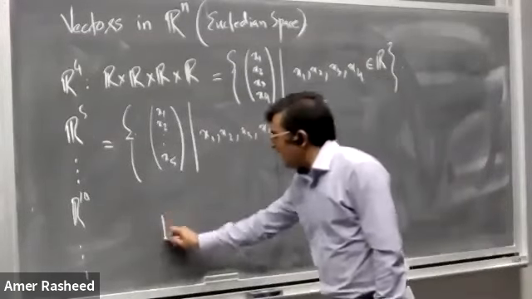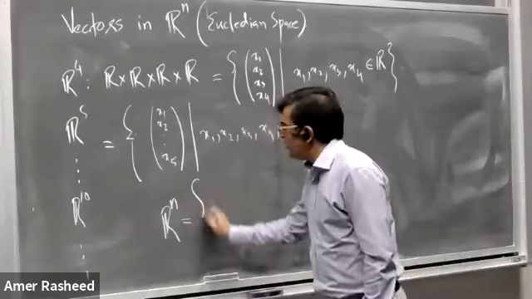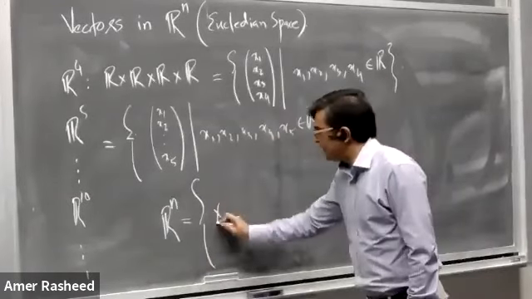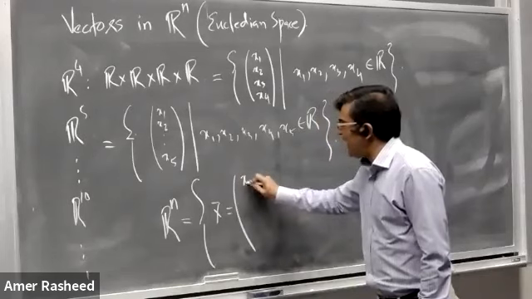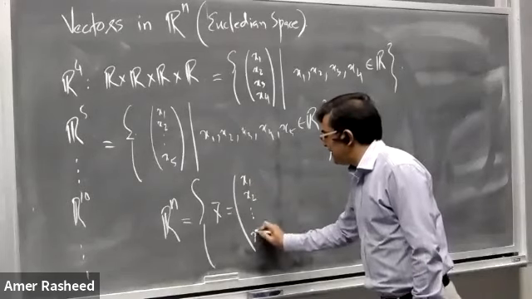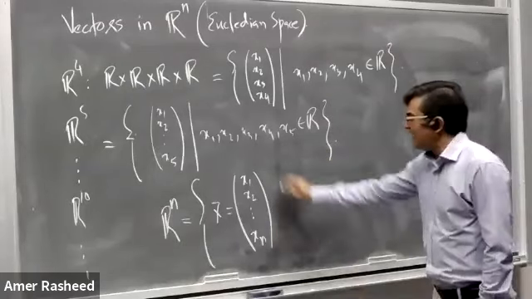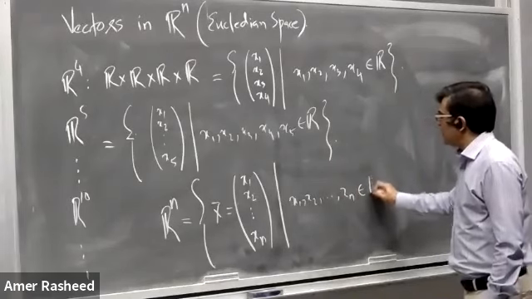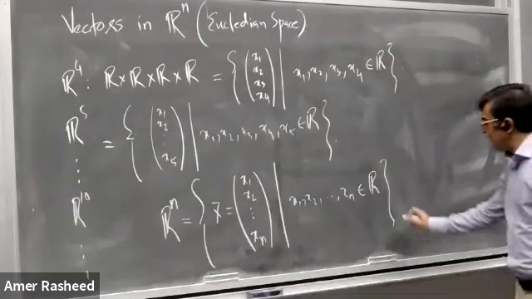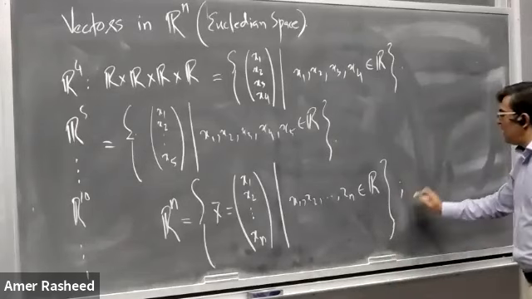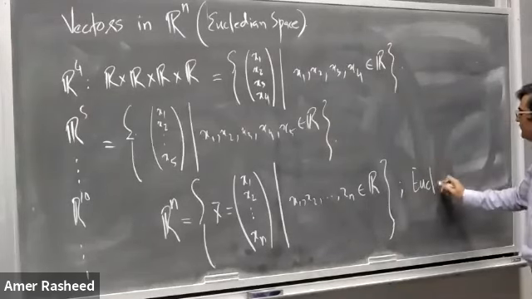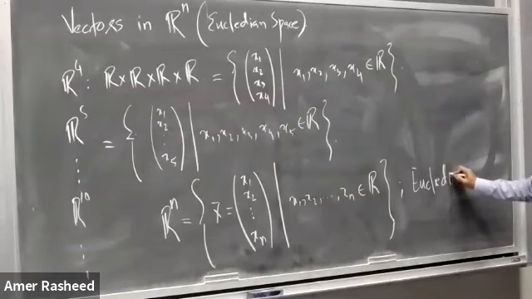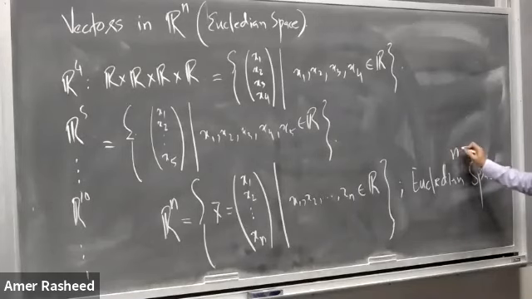Now, what would Rn be? Rn in general is a set that contains vectors which have components x1, x2, and so on up to xn, such that all these x1, x2, and so on, xn belong to R. So this is a general Rn, which we call a Euclidean space, or Euclidean n-space.